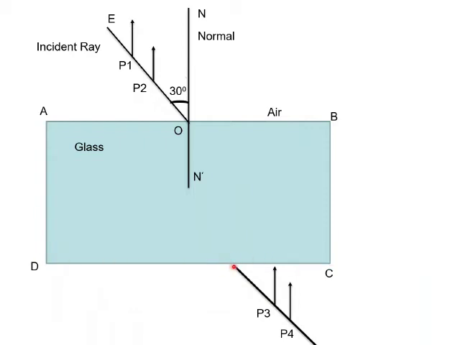The ray should rest on the DC side. So you have to remove the pins, make small dots with the pencil where the pins were, and then join the points P3, P4 and draw another ray, and it will rest at the side DC of the glass slab.